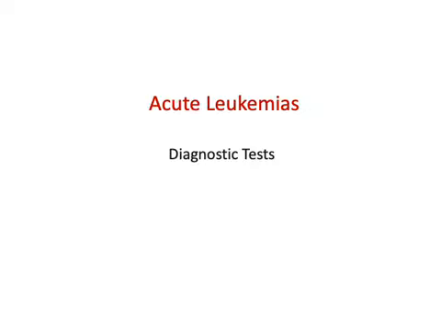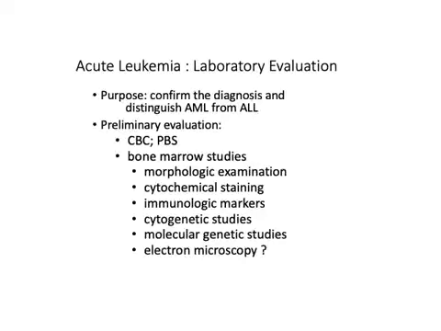When you suspect a patient as having acute leukemia, the most important thing to do is to distinguish AML from ALL. And this is done by morphologic examination, use of cytochemical stain, immunologic markers, cytogenetic studies, and sometimes molecular genetic studies and the use of electron microscopy.